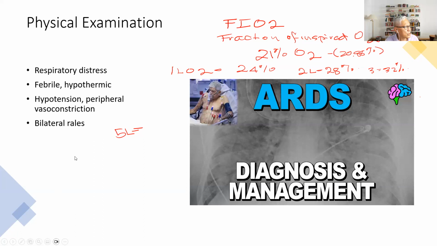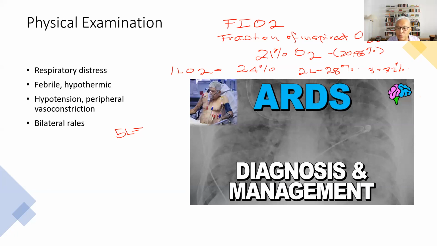All right, so you would have respiratory distress. The patient may be febrile or hypothermic. They are going to have hypotension. And because they are going to have hypotension, when you have massive vasodilation, your skin is going to compensate.